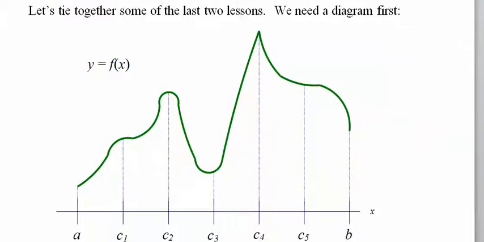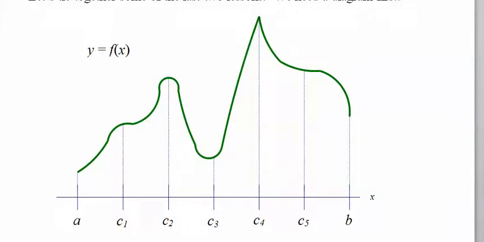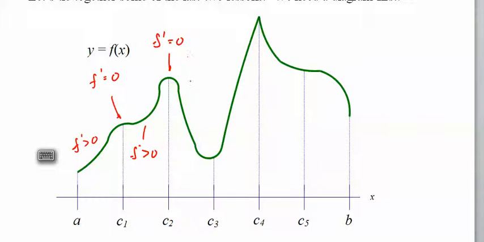We got a lot going on, but what's going on here is when we're going uphill, f prime is greater than 0. Here, f prime equals 0. Here, f prime is greater than 0. Here, f prime equals 0.